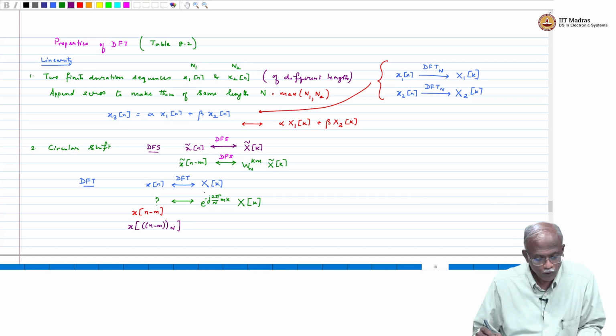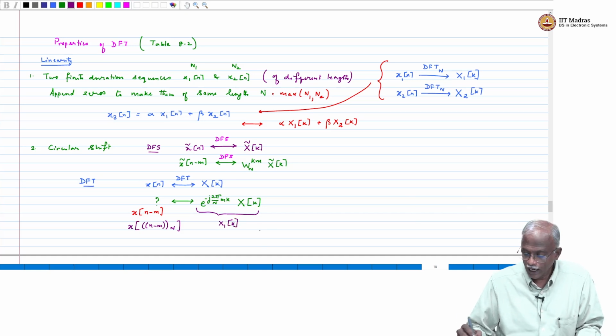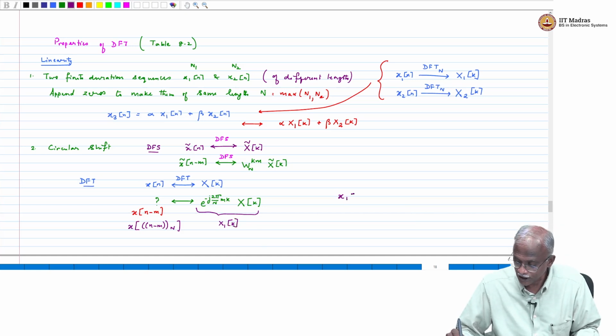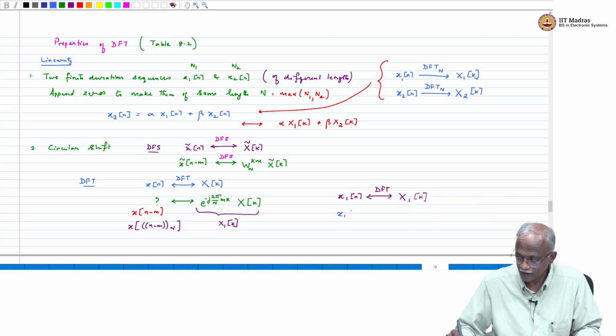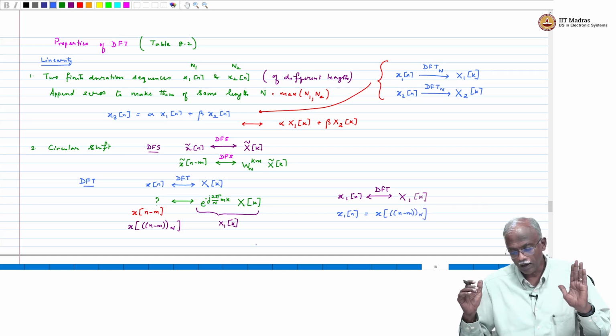So if you call this the sequence X1 of k, and then say that the corresponding sequence x1 of n, which has the DFT coefficients X1 of k, then x1 of n is equal to x of n minus m modulo N. So how did we get the answer?